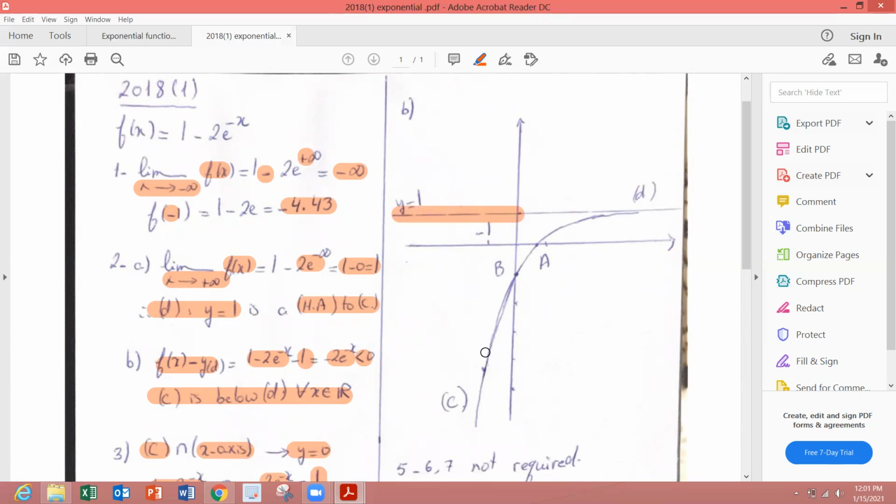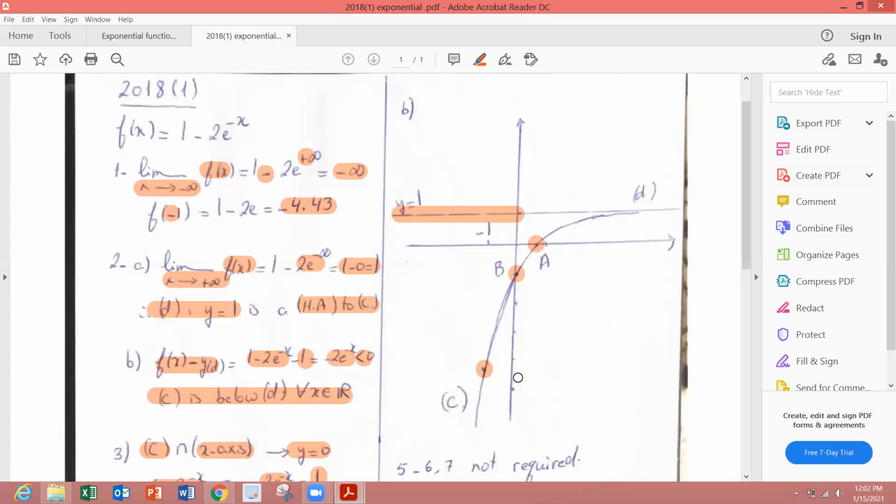F of minus 1 is approximately minus 4.5. I have the intersection with the y-axis, B (0, minus 1). I have the intersection with the x-axis, A (ln 2, 0). Ln 2 is 0.7.